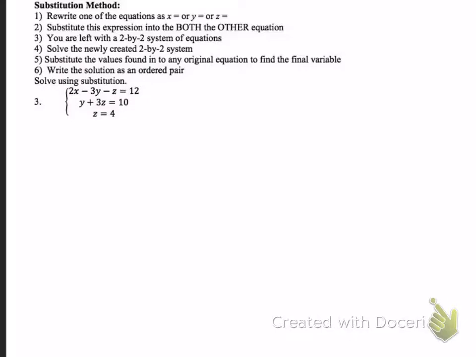With substitution, this one already gives us z equals 4, which is very handy because I can take that and plug it into this middle equation. So y plus 3 times 4 equals 10.